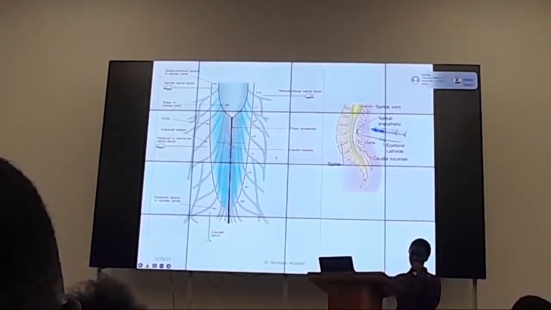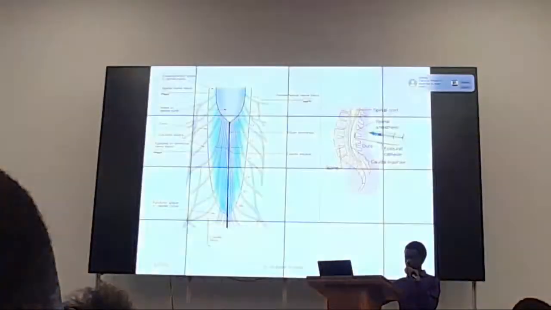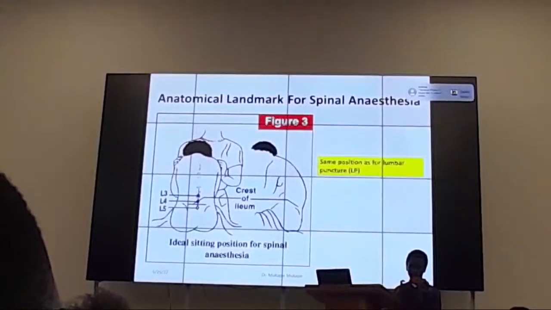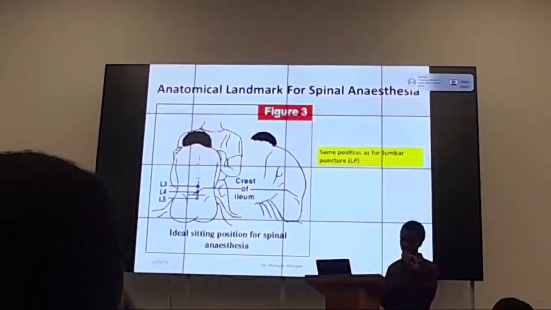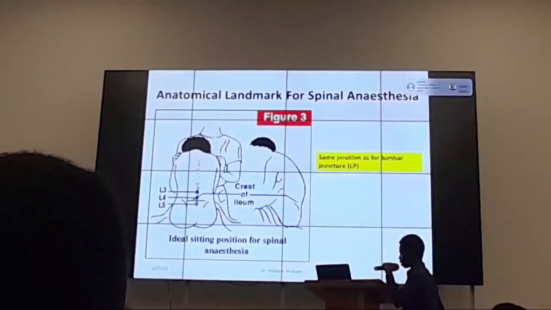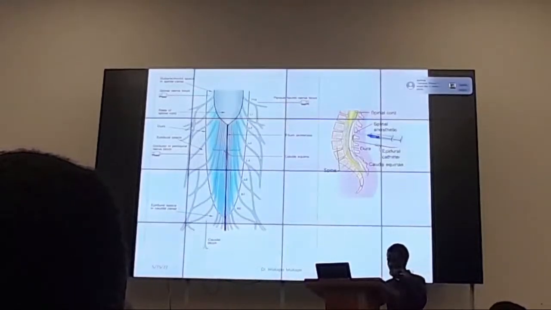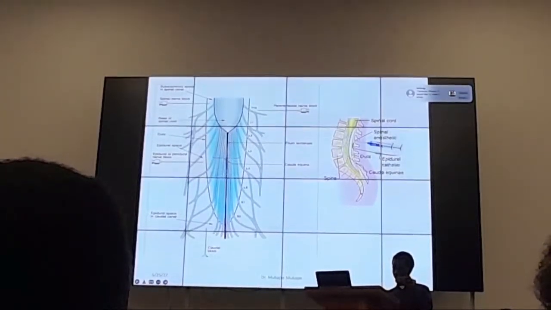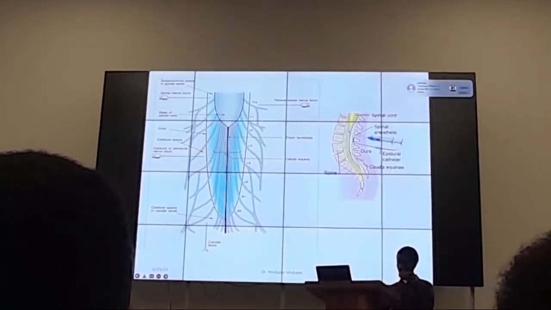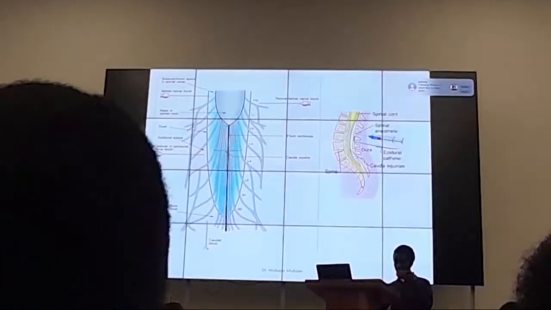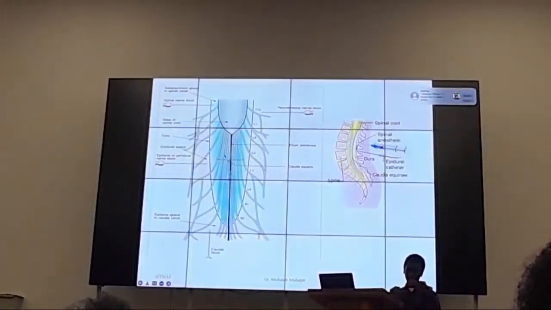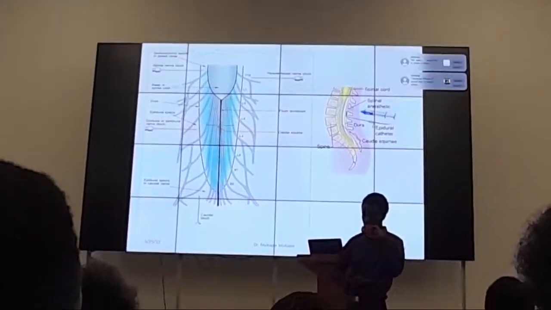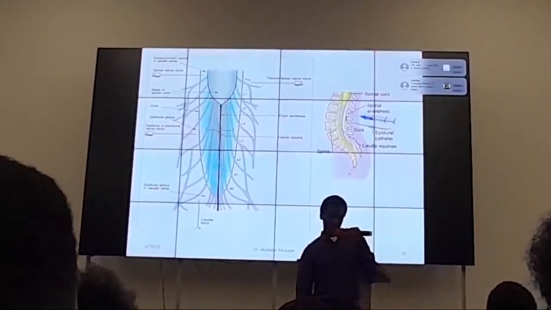Lumbar puncture and spinal anesthesia are the same procedure, only that in spinal anesthesia you are injecting the drug into that space so that the drug paralyzes the cauda equina nerves. These nerves supply the body from the umbilicus going down.